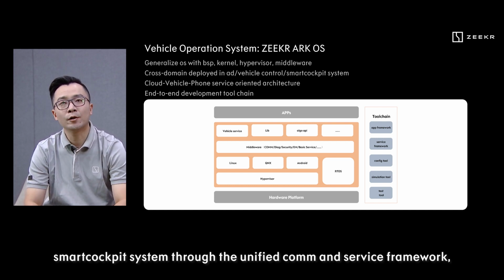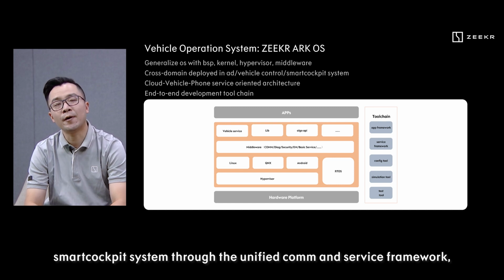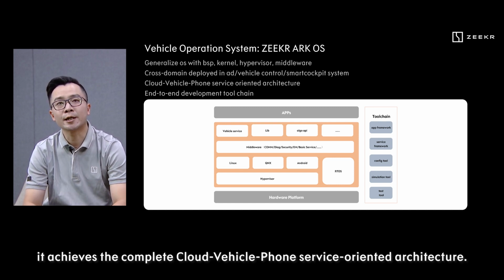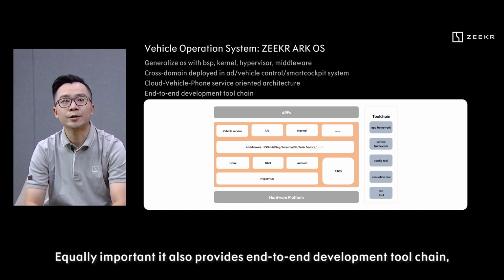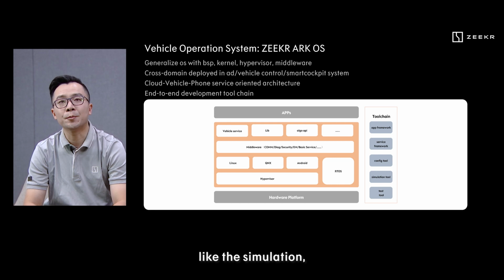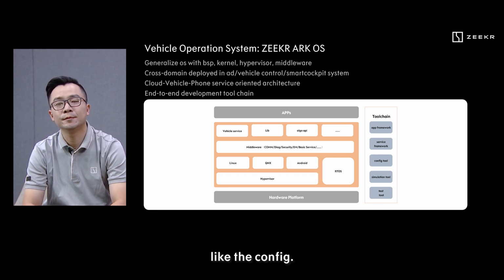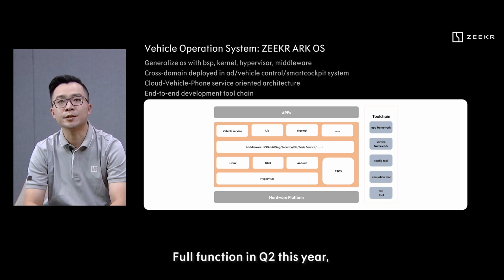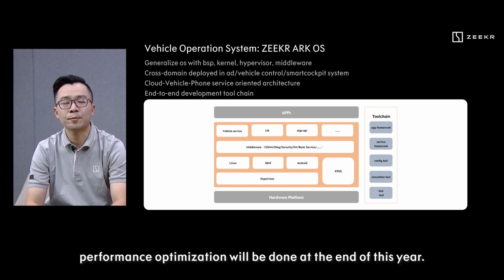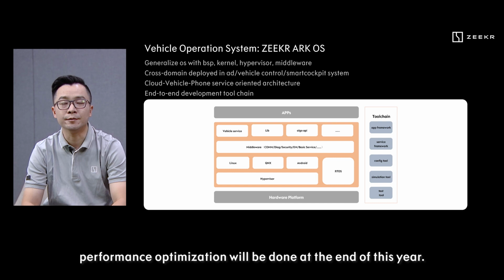Through the unified COM and service framework, it achieves a complete cloud, vehicle, phone, service-oriented architecture. Equally important, it also provides the end-to-end development toolchain, like simulation, test, and configuration. Full function in Q2 this year. Performance optimization will be done at the end of this year.